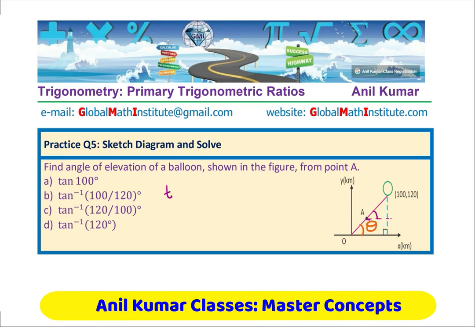And what is the angle? Well, angle is given by tan theta, right? So rise over run, 120 by 100, correct? So of course we can use theta equals tan inverse of 120 over 100.